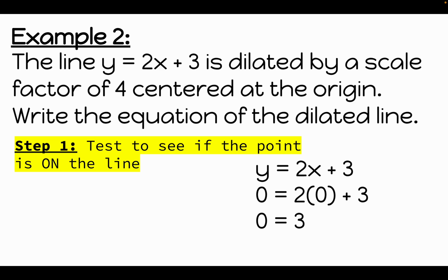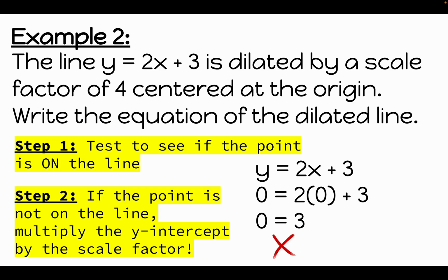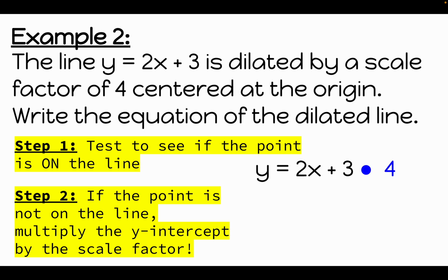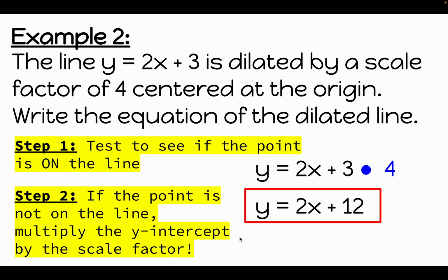And we see that 0 does not equal 3. If the point is not on the line, we multiply the y-intercept by the scale factor. So the y-intercept is 3, so 3 times 4 is 12, and you leave the slope the same.